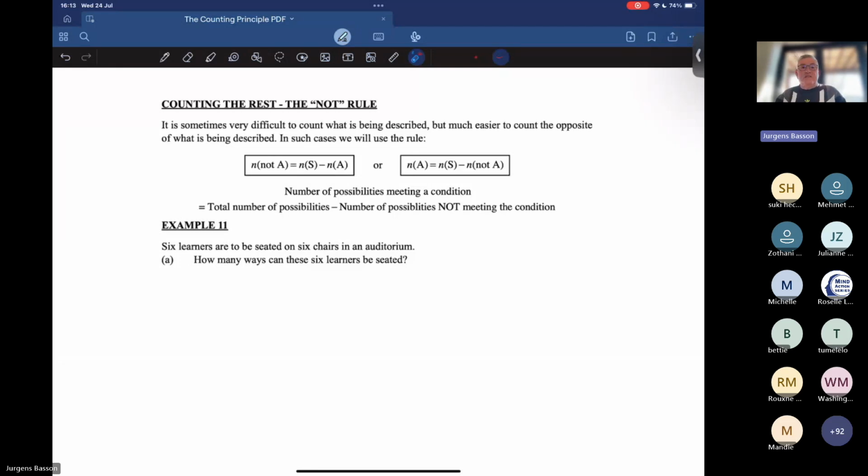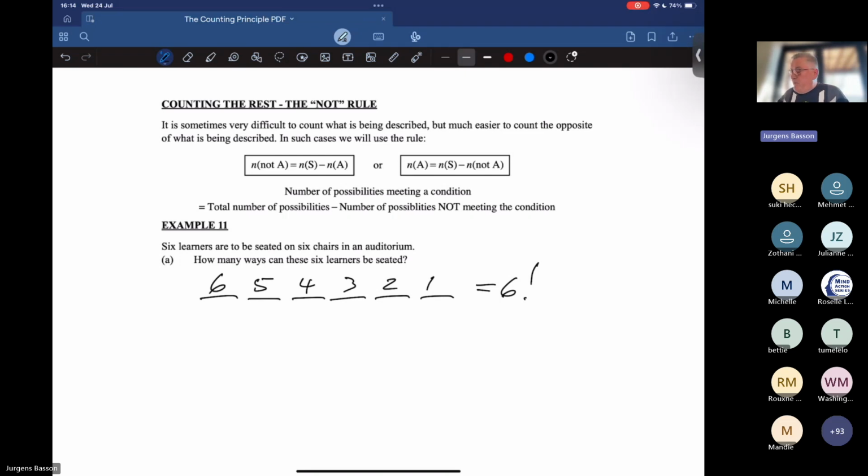So there's absolutely no restriction here, nothing funny. So all we have is we draw our 6 lines, and now we're going to seat these 6 learners. So it goes 6, 5, 4, 3, 2, 1, which will then give you the 6 factorial. So this one is straightforward. The moment they ask us probability, this 6 factorial will be the denominator.